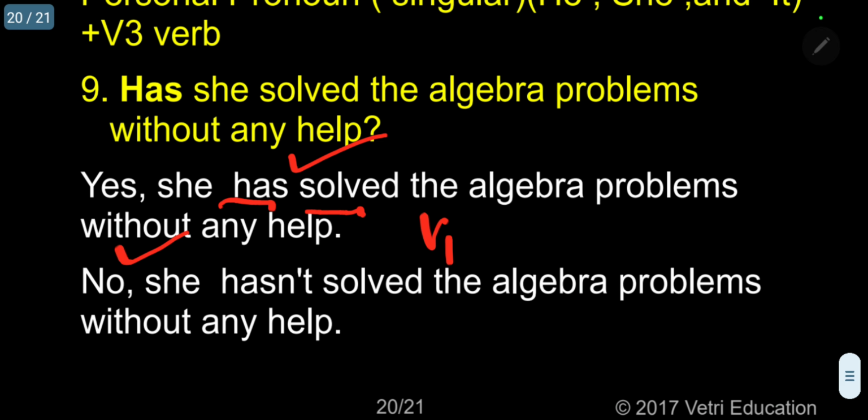Correspondingly, V3 is solved. Kindly follow. The has is the auxiliary, the main verb is solve. It is coming in the form of a V3 verb. No, she hasn't solved the algebra problems without any help.